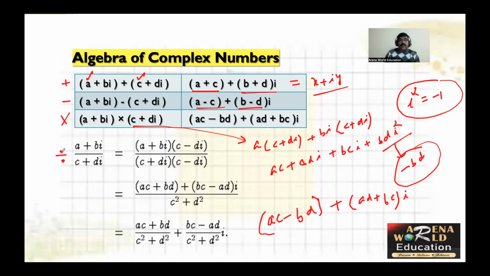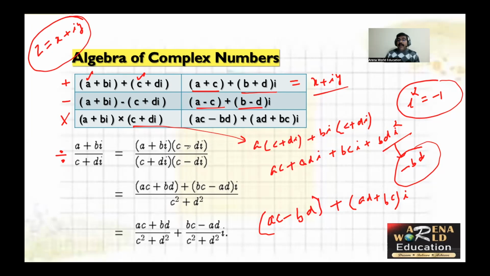So the fourth one is what? Dividing two complex numbers. So a plus b iota divided by c plus d iota. Always remember the standard form was what? z is equal to x plus iota y. So here a plus b iota and c plus d iota. So what we will do?